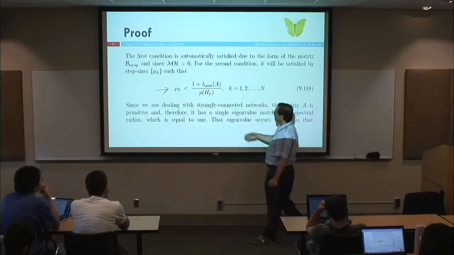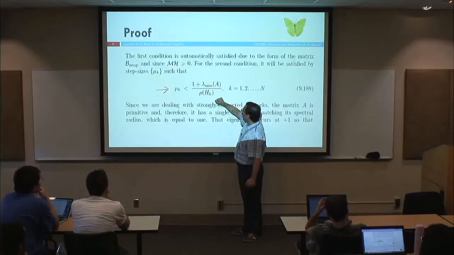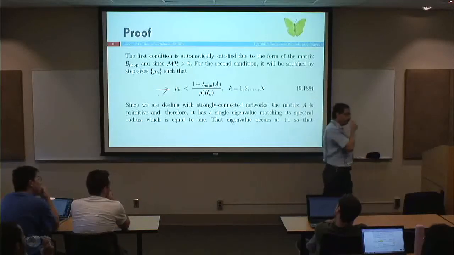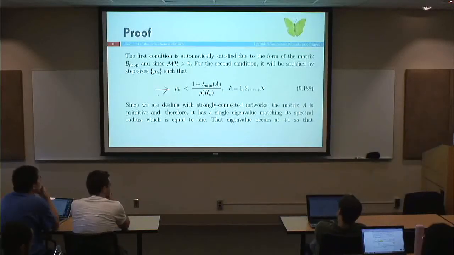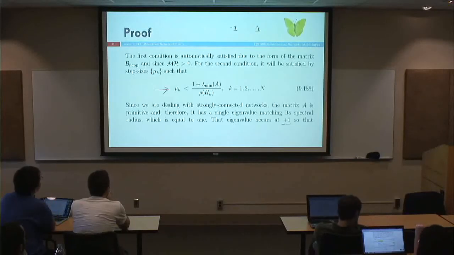But does this bound make sense? What is the spectral radius of A? 1, right? The spectral radius of A is 1, and its eigenvalues are between -1 and 1. So it has an eigenvalue at +1.